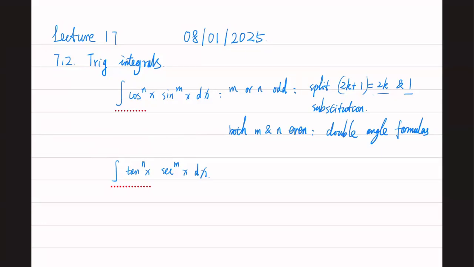The second one is for tangent and secant. Again, in some cases, if m is even, we can split two powers from the secant.